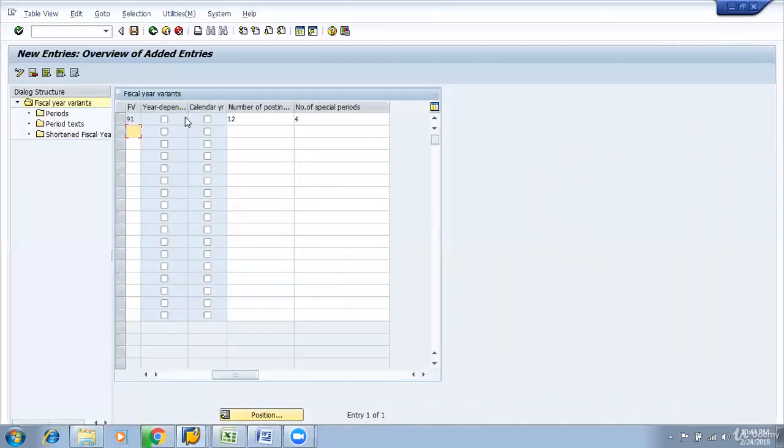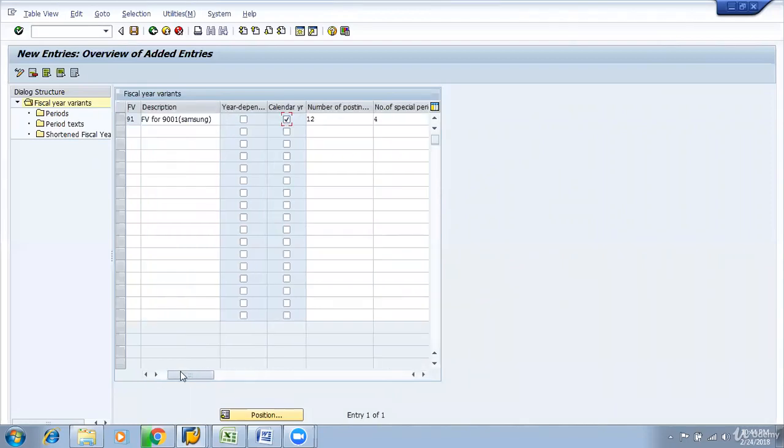Coming back to these two things I skipped. Calendar year: if I set this check mark, what would happen? As I told you, the system would consider it a calendar year. When you select this fiscal year variant as your calendar year, the system by default understands that it is from January to December.